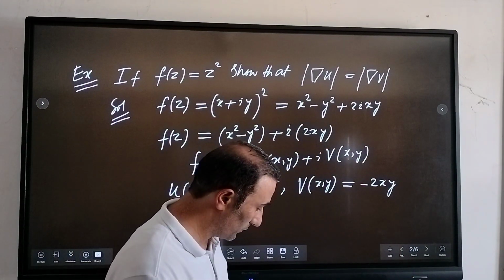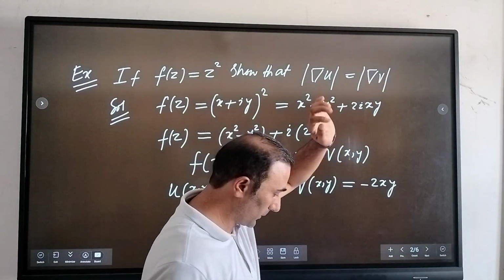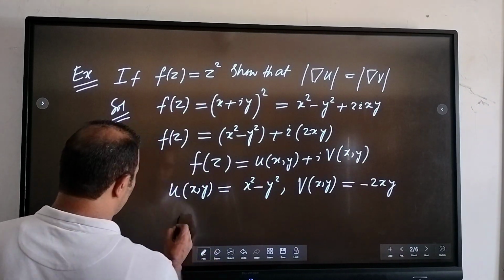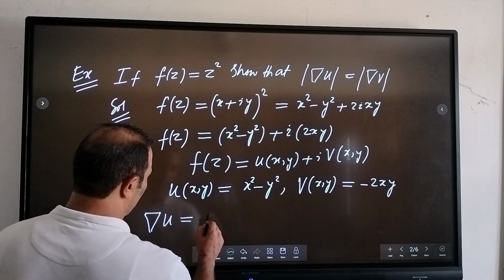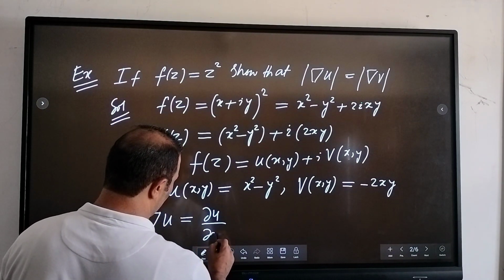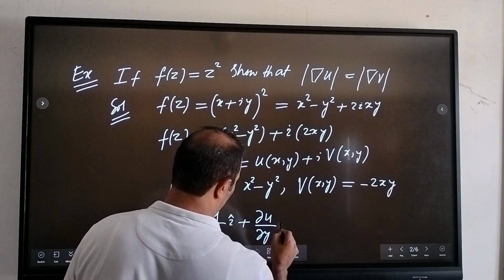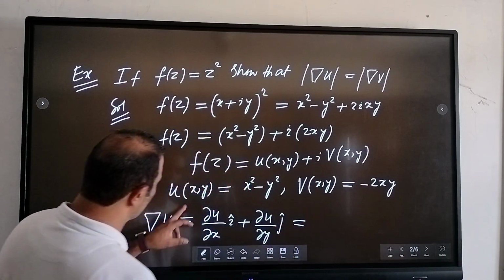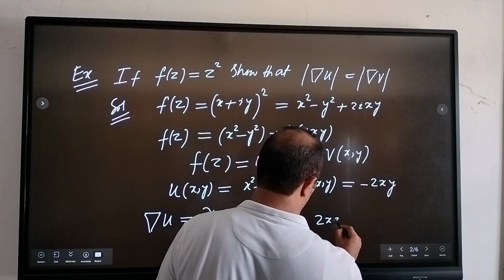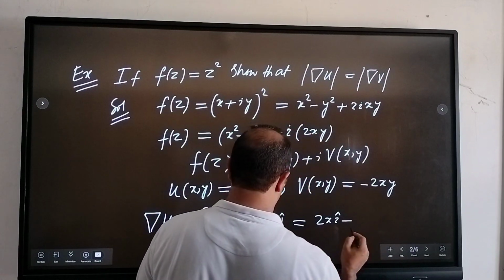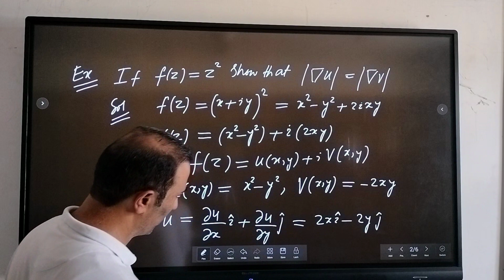So what do we have to prove? We need to prove that the absolute value, the mod, of nabla of u should be equal to that of nabla of v. So first, write what nabla of u is here. Nabla of u is partial by partial x of u, i cap, plus partial by partial y of u, j cap. Now take its variation with respect to x, so that's 2x i cap minus 2y j cap.